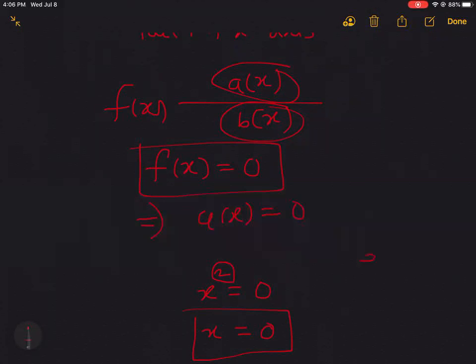And if you have even multiplicity, your graph will touch the x-axis, then it will go back in some other direction, but it will never cross it. It will not cross it, okay? If we have odd multiplicity, then your graph will cross the x-axis, right?